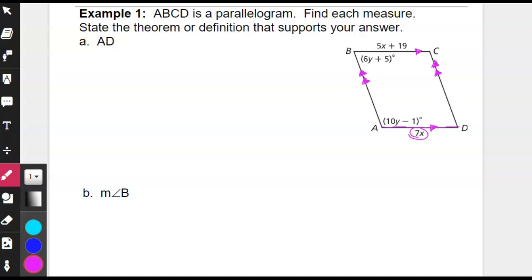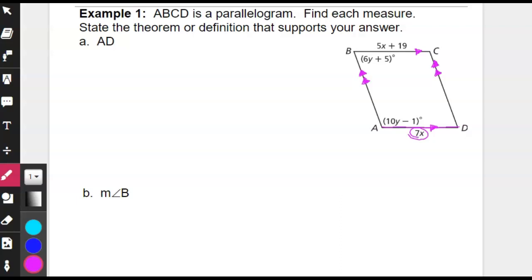Well, go back to your properties. I'm not going to, but you can. Go back to your properties and try to find something that has to do with sides of a parallelogram. We already know by definition that the sides are parallel to each other as long as they're opposites. But what else do we know about the sides of a parallelogram?